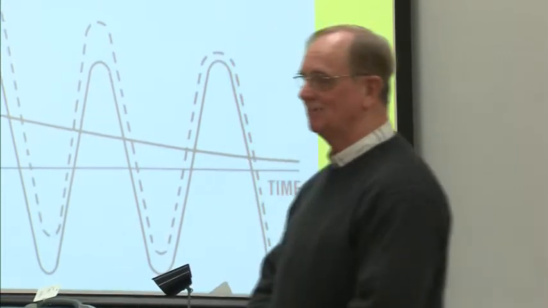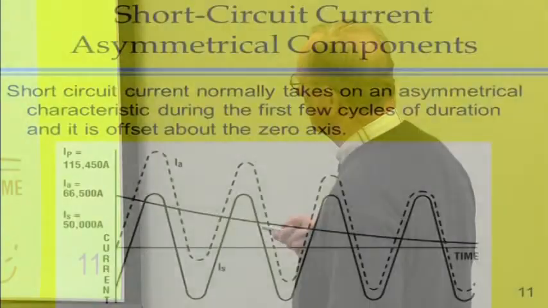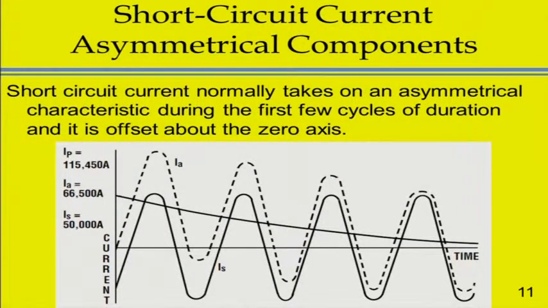Yep. Exactly right. So this is a picture of, here's our standard symmetrical current in the dark waveform, 60 cycles per second of a fault current. And that's a 50,000 amp RMS fault current. But during this first half cycle, the peak is much higher due to all of those contributions to the fault current.